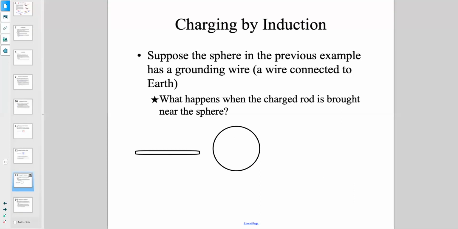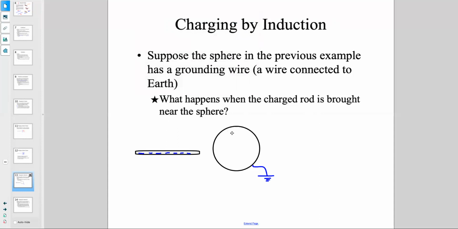And now we have a connection to the ground, which we usually show like this. This rod is negatively charged.